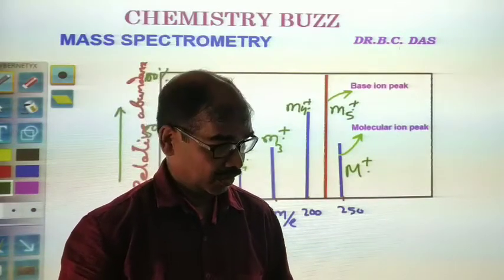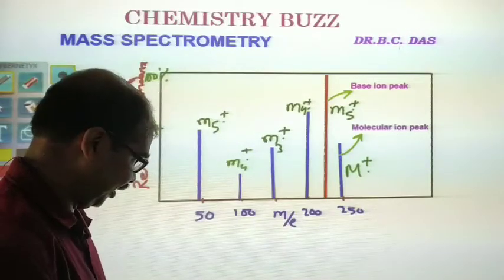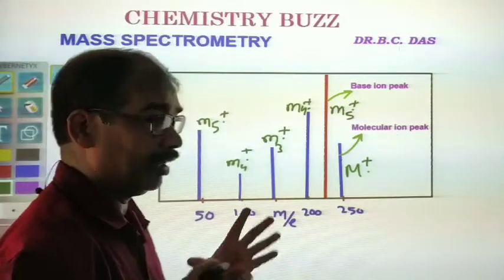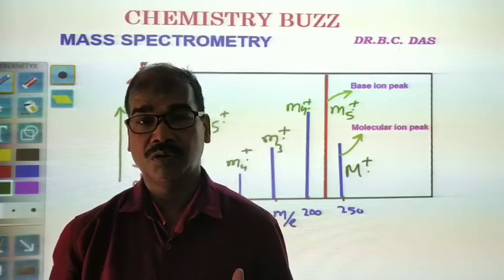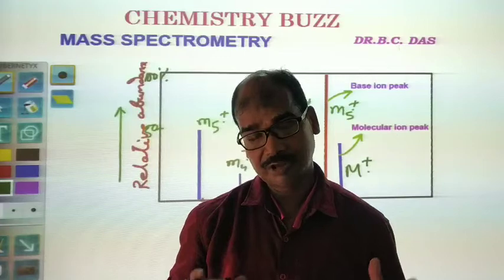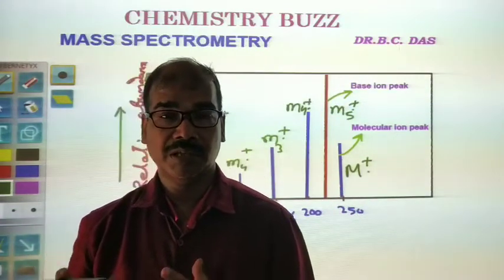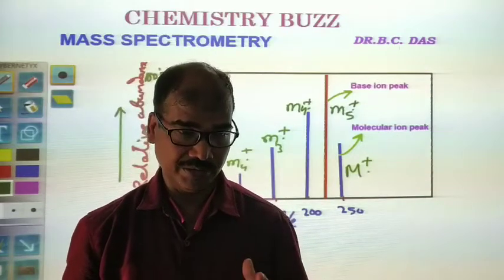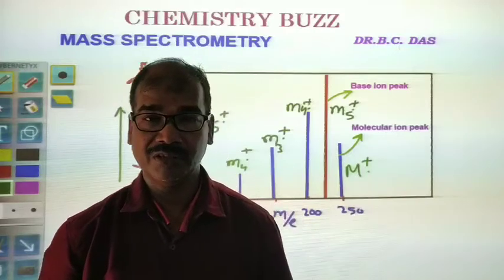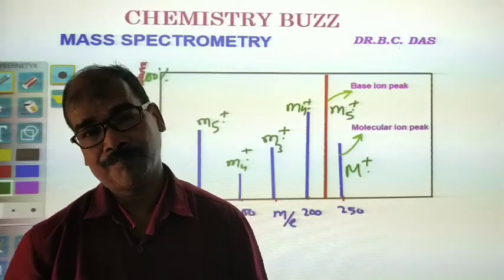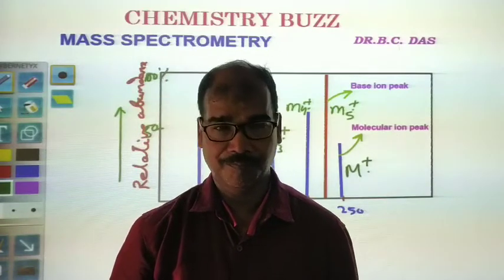I hope this is helping you, and I have elaborately explained the instrumentation of the mass spectrometer, how the substance is prepared, the consequent changes and detection, and finally the representation in the form of mass spectra.